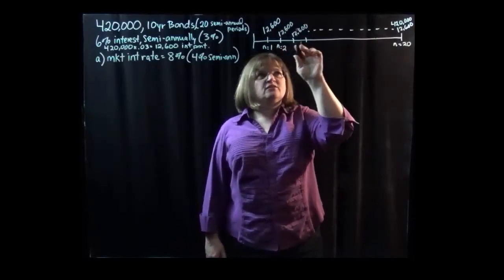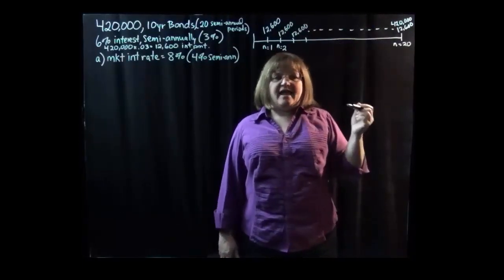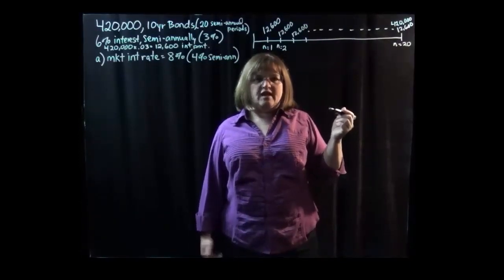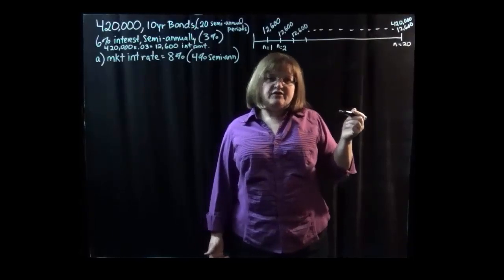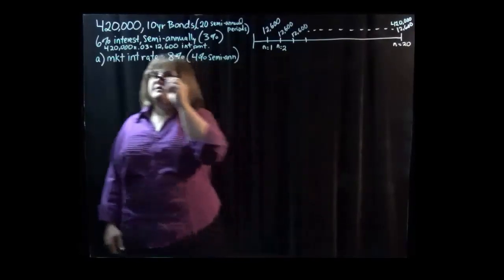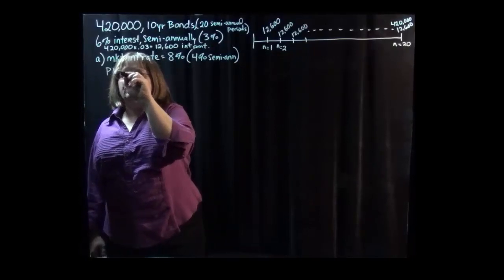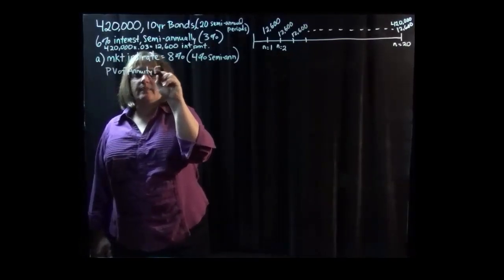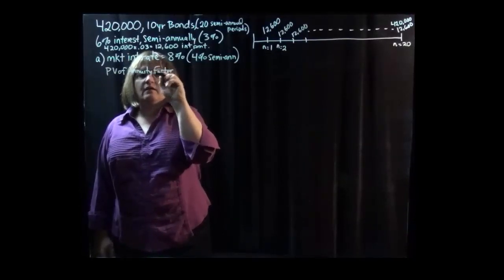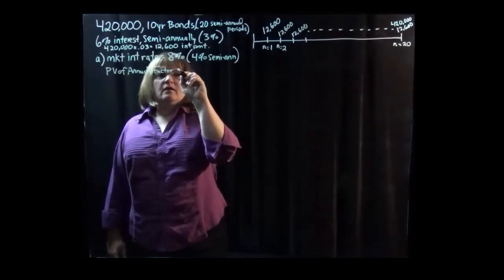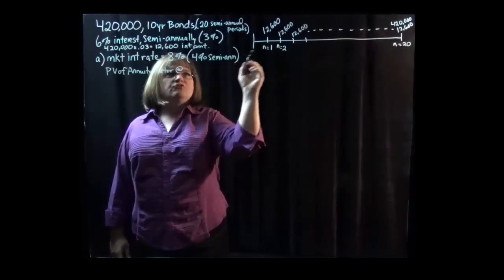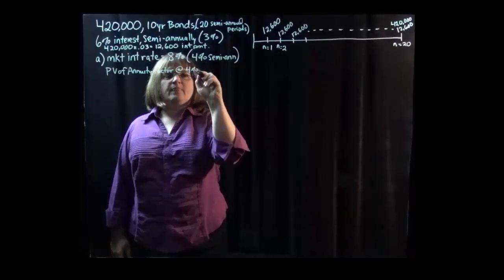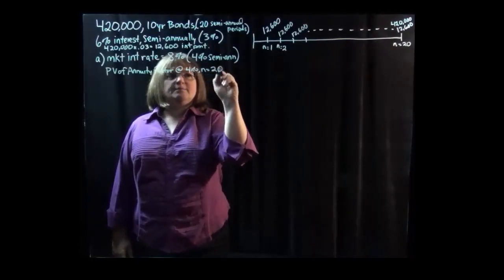But when we recognize that the $12,600 is a series of payments made at equal time intervals and of equal amounts, that meets our definition of an annuity. And that means that what we can do is take the present value of an annuity factor at the market interest rate, and here the market is demanding 4% semi-annually, and n equals 20.